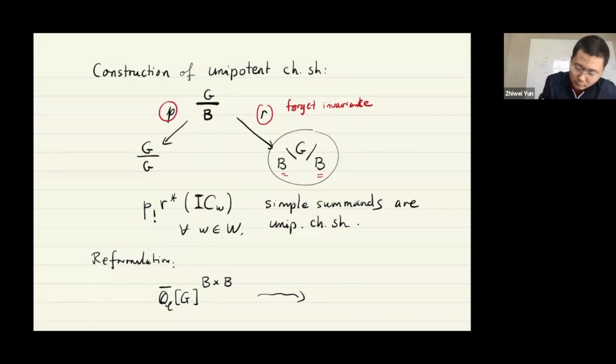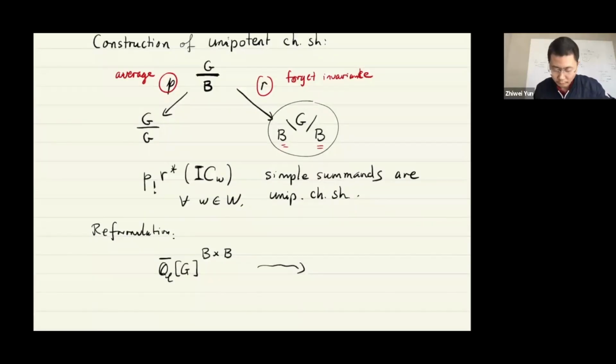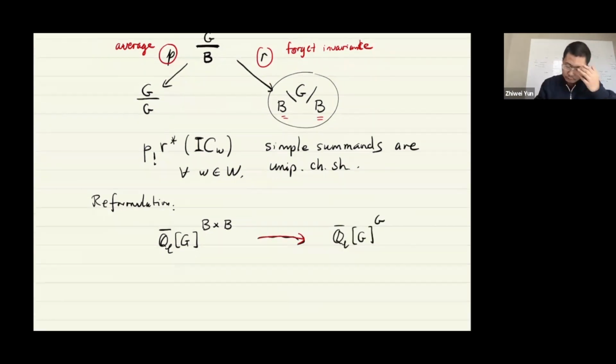And push forward along P is just averaging, from B invariant to G invariant. So you start with B times B invariant vectors, you forget some invariance, and then you impose some more invariance. You arrive at a class function.